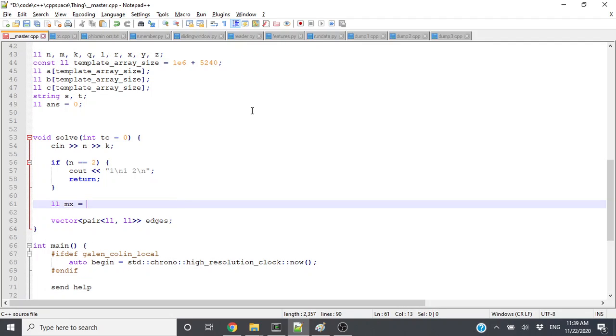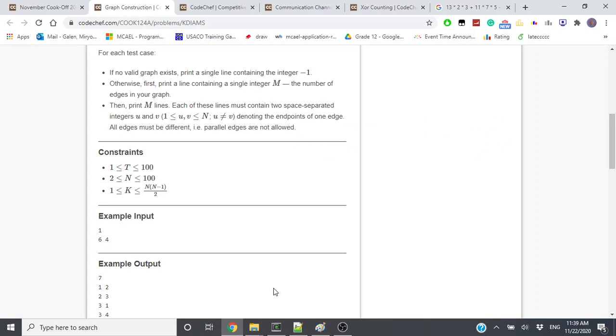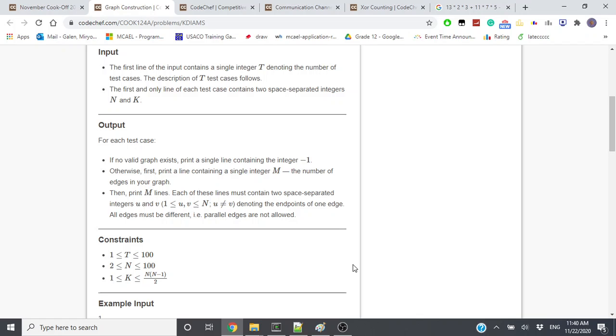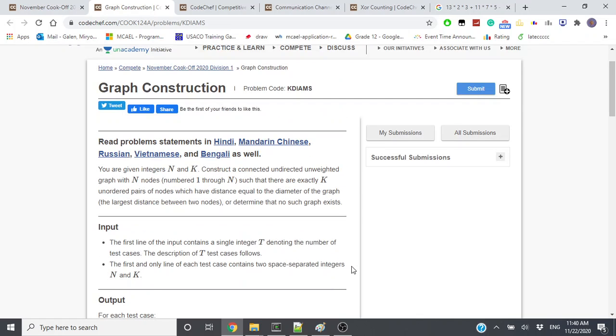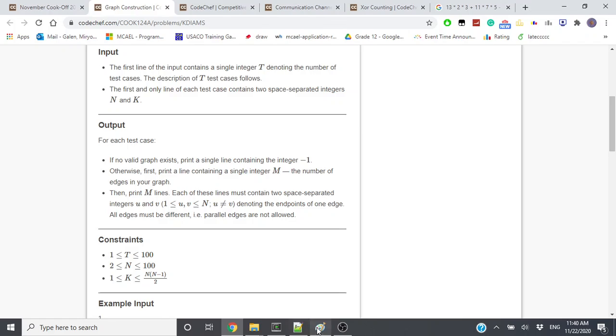Now, long long max equals n minus 1 times n minus 2 over 2. And the reason this is always going to work is because the diameter must be at least length 2. Because if we have more than 2 nodes, and the graph is connected, the diameter must be at least length 2, otherwise it wouldn't make sense.